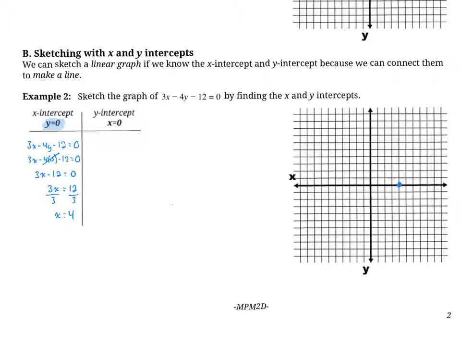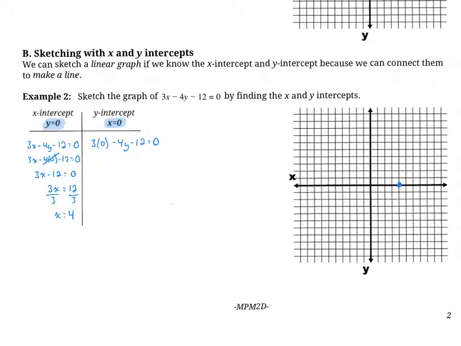Now to find your y-intercept, in this case, x is always 0 because we're looking for a point on the y-axis. So we replace x with 0 into our equation and just solve for y.